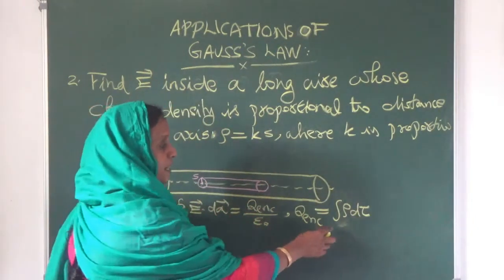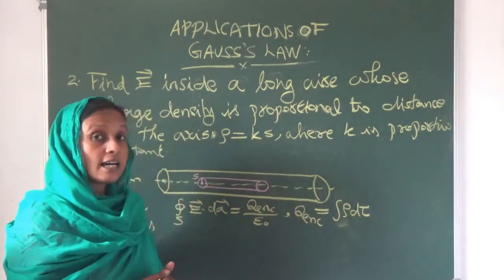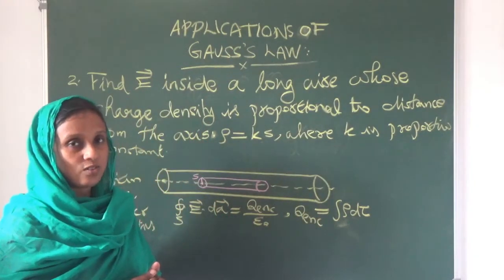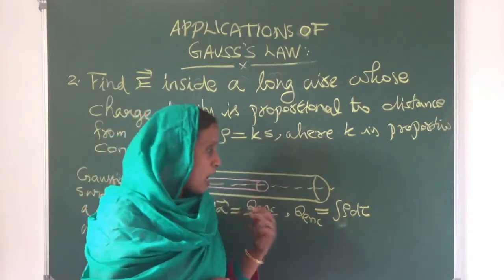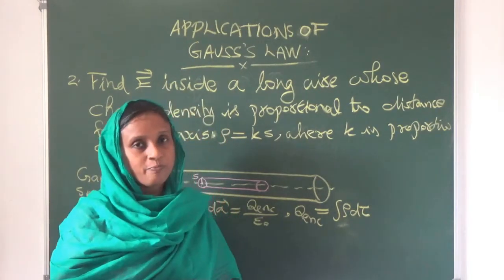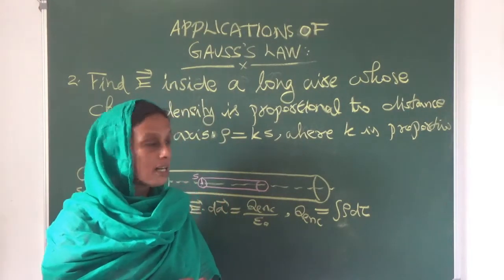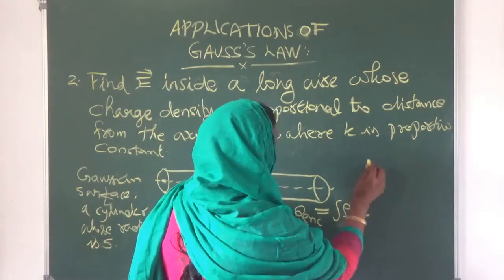What is this rho? Rho is given by the charge density. Since this system has cylindrical symmetry, we have to use the volume element in cylindrical coordinates.